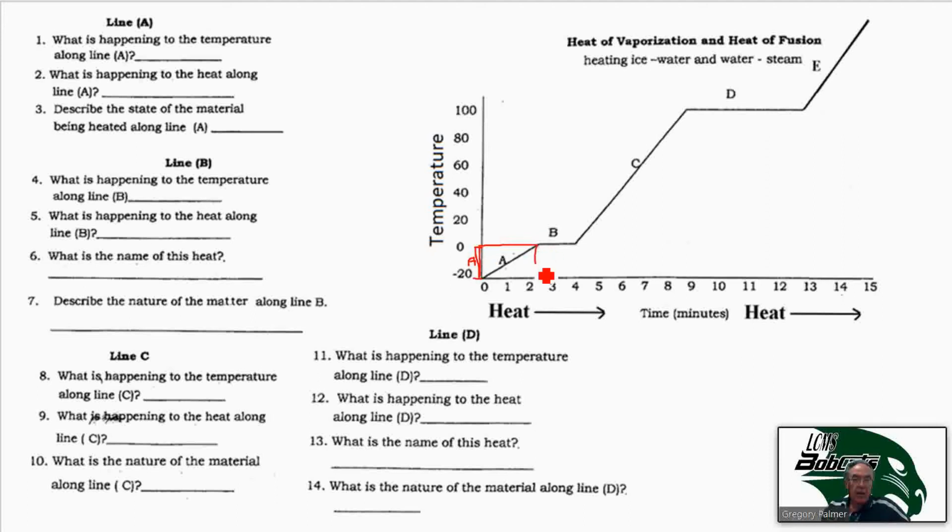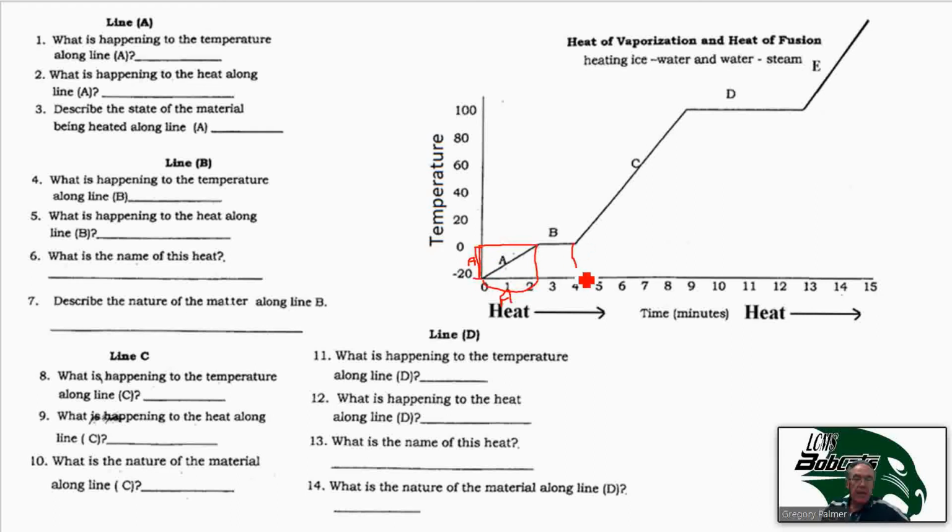The heat part of line A starts right here at 0 and it goes to about 2.5. So we have the part of line A that's represented on the x-axis and the part of line A that's represented on the y-axis.